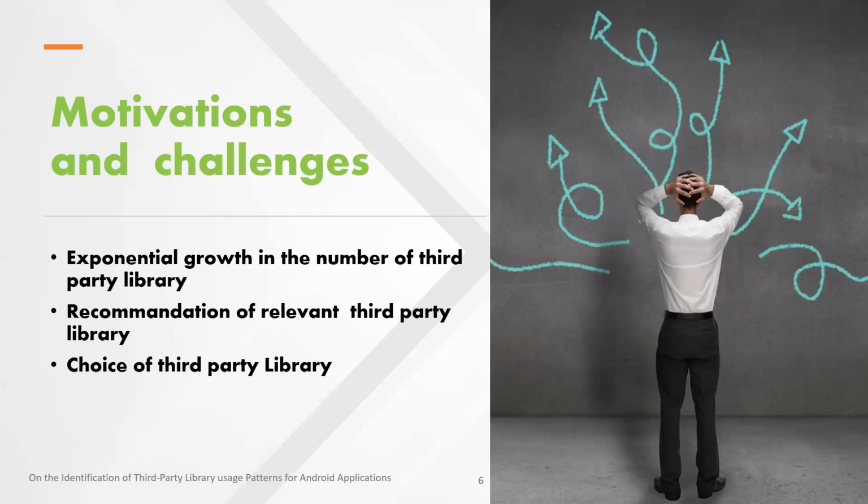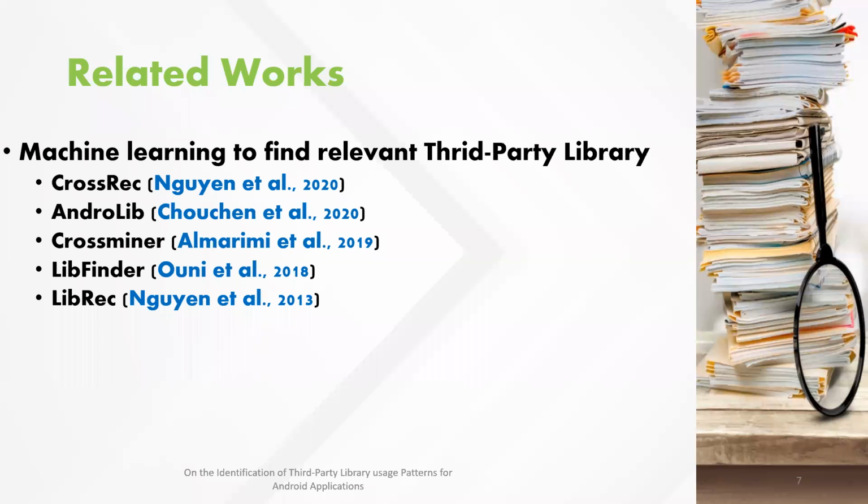Our motivation is based on the exponential growth of directories that contain libraries. Identifying a library appropriate to our need is difficult. We can find ourselves in a situation where we have many options, but a choice is difficult. Most of the existing work uses machine learning to find relevant recommendations of third-party libraries.